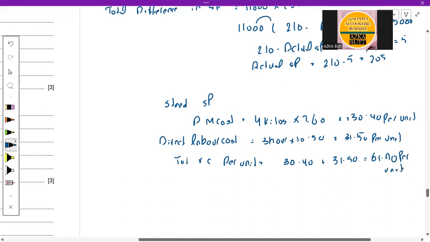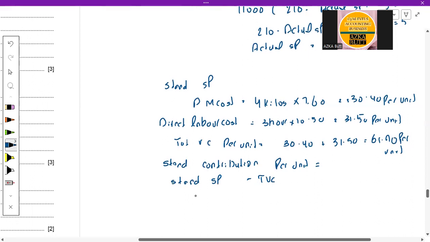And standard contribution per unit is equal to standard selling price minus total variable cost. So the standard price was 210 minus total variable cost, which we calculated as 61.90.